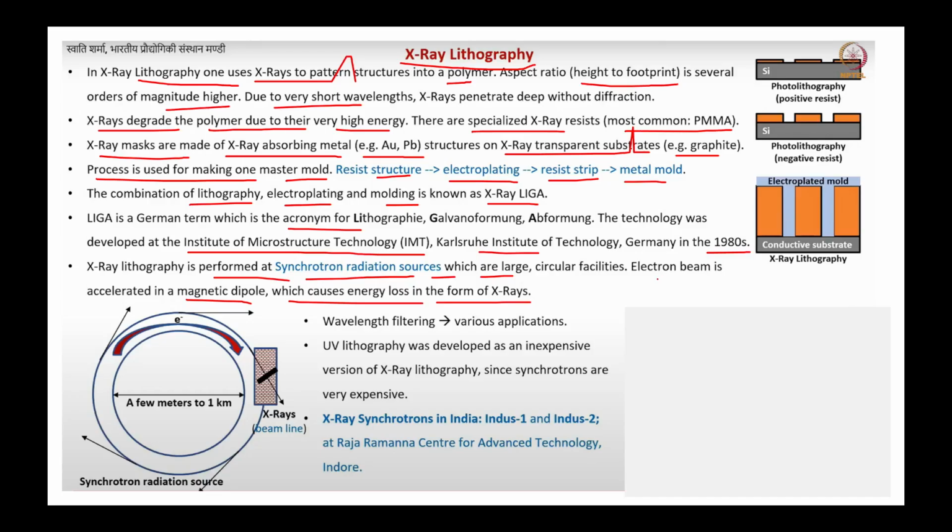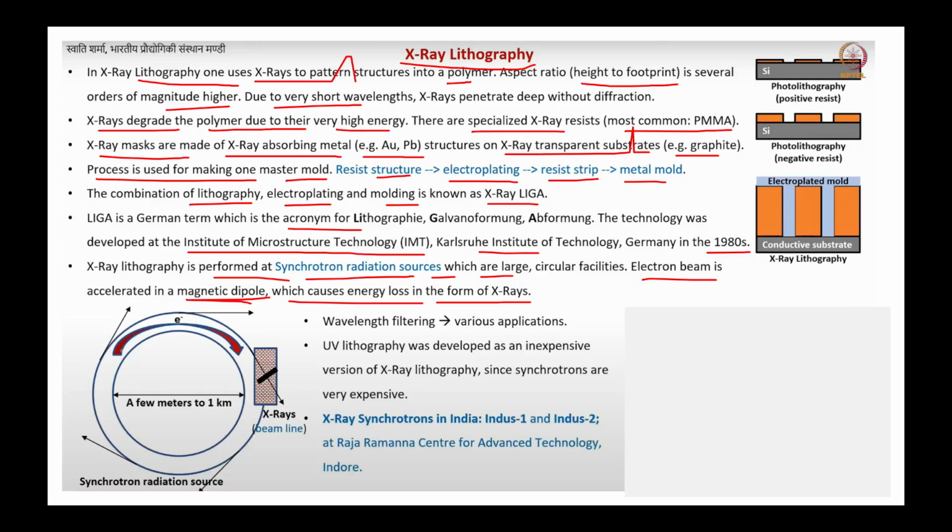So here is how X-rays are produced. There will be an electron beam, and this electron beam will accelerate in a magnetic dipole and lose energy in the form of X-rays. Here you can see the synchrotron radiation source, and here your X-ray beam line.